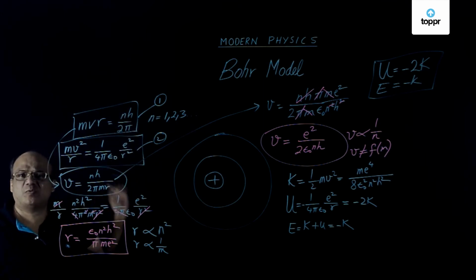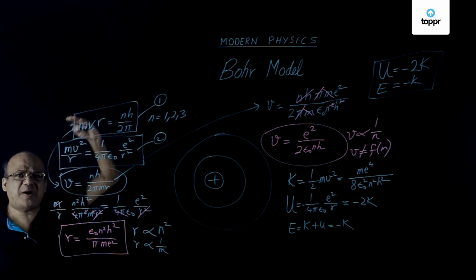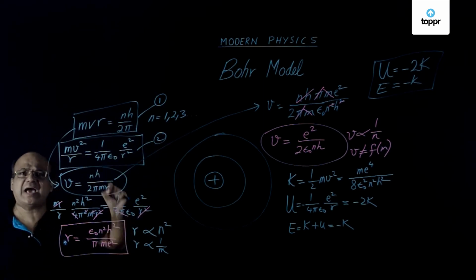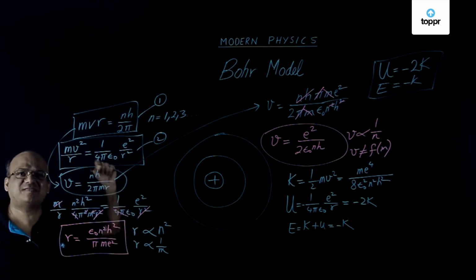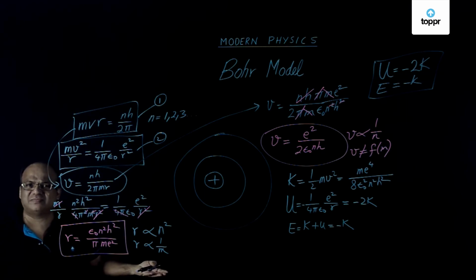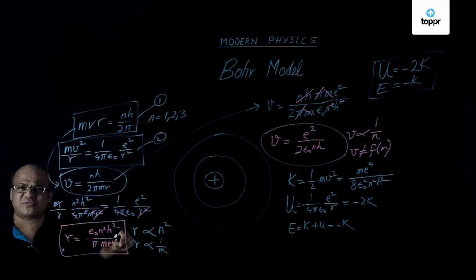Exactly same equations. Whenever a particle moves in a circular orbit, under the action of a force that obeys inverse square law, like F is proportional to 1 by r square, gravitational force, electrostatic force.